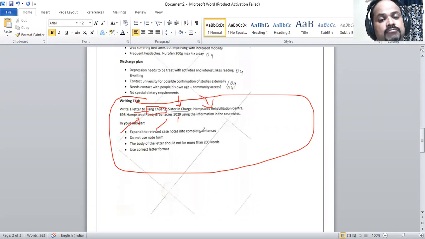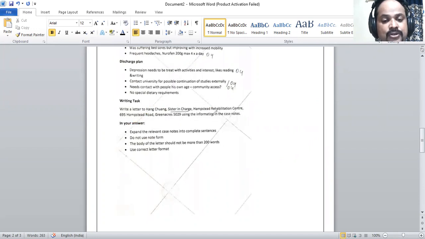You have no specific instruction here, but you have the information that this letter is being written to a rehabilitation center.